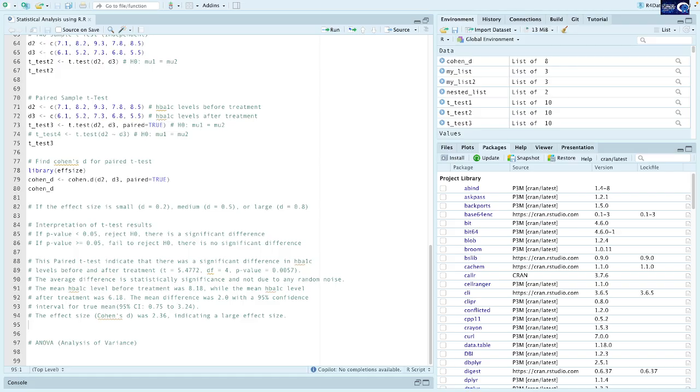Okay, so this is the question correlation tries to answer. Now regression finds how y changes when x changes. So this is the question regression tries to answer.